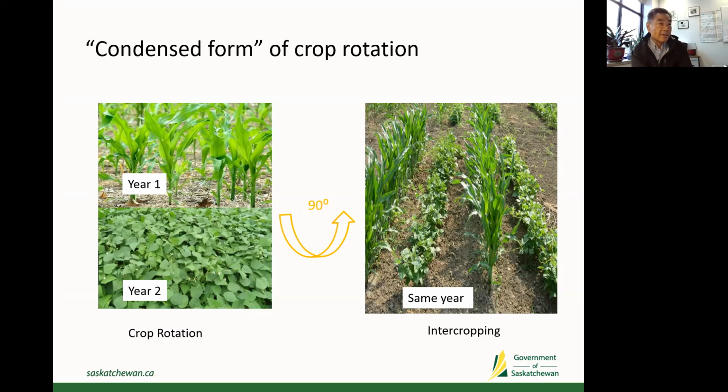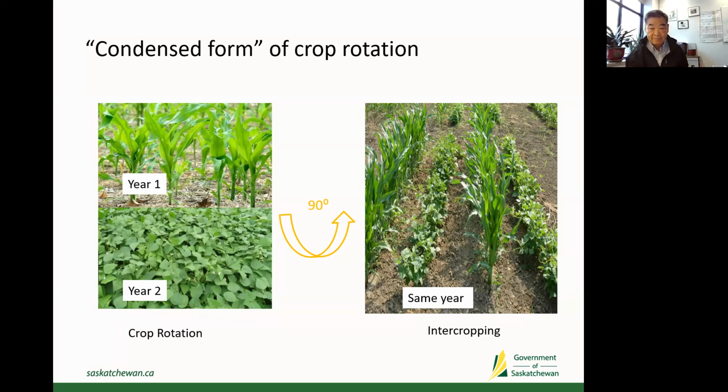So intercropping is actually a condensed form of crop rotation, like 2 or 3 years of crops grown in the same year. It would turn this kind of crop rotation into intercropping, because the idea is similar, a minor, condensed form of crop rotation.